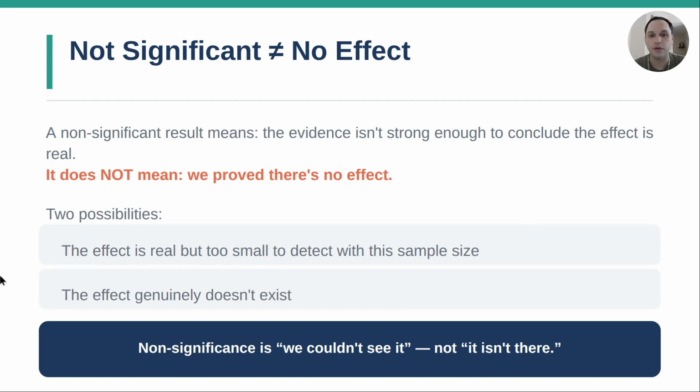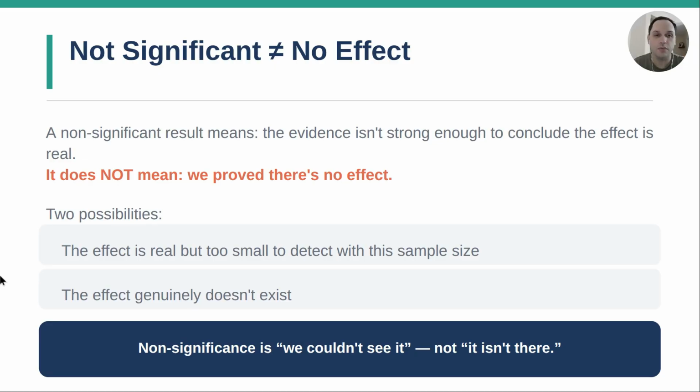One more important clarification. A non-significant result doesn't prove there's no effect. It means you couldn't detect one with the data you had. There are two very different reasons a result might not reach significance. The effect might be real, but too small for your sample size to pick up, you need more data, or the effect might genuinely not exist.